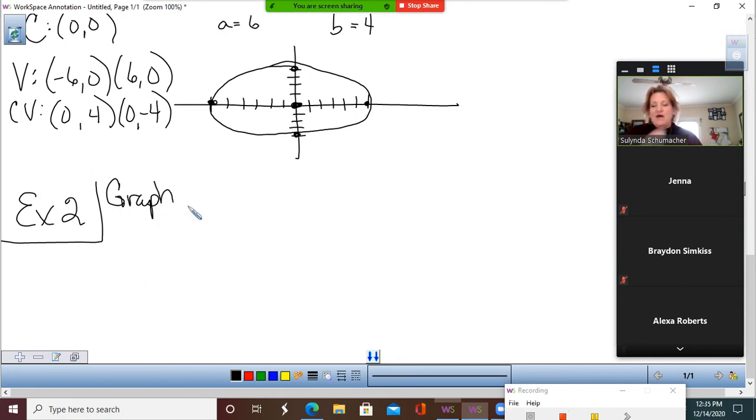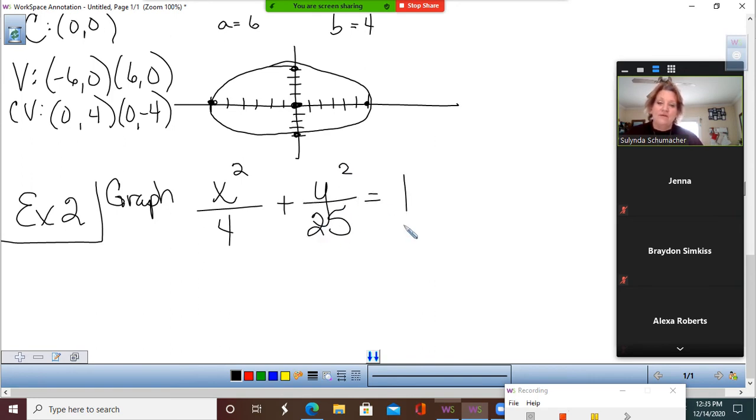So if I graph, let's say again I have x squared over, let's go 4, plus y squared over 25 equals 1. All right, first thing you look for is the center. Again, on this one, there's nothing new with x and y, so our center is at 0, 0. I'm going to plot our center. Underneath x is 4.